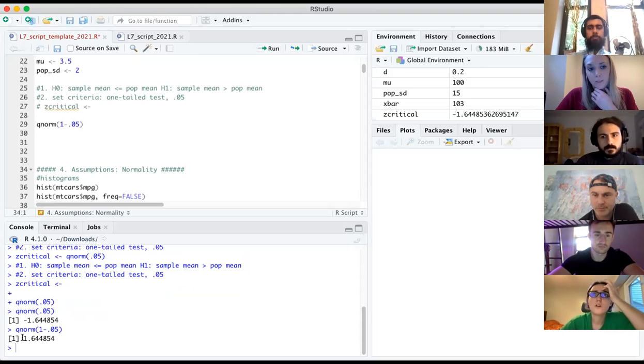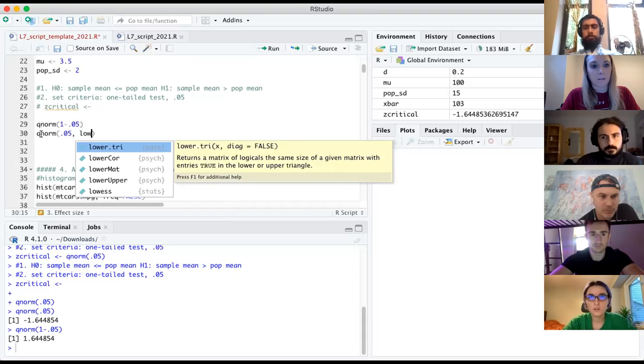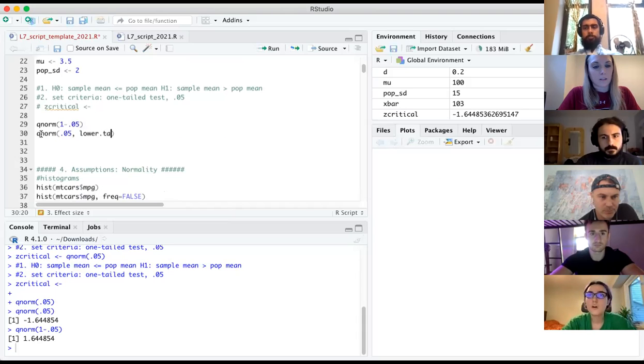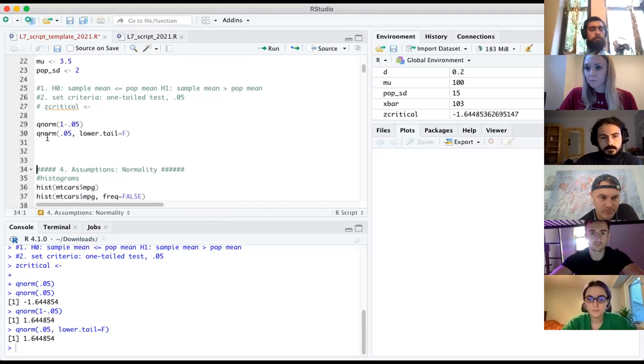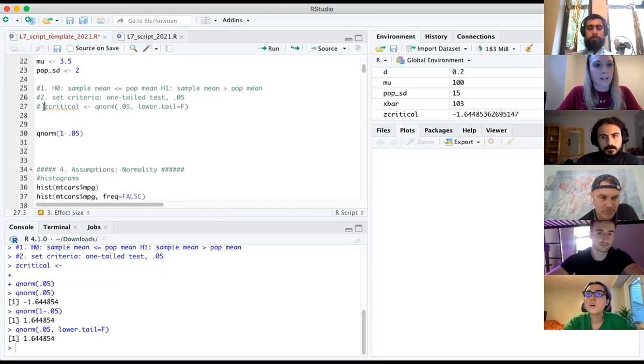So positive 1.64. The other way we could also do this is using qnorm 0.05 and then setting lower tail equals false, right? This gives us the same number. So that gives us our Z critical.